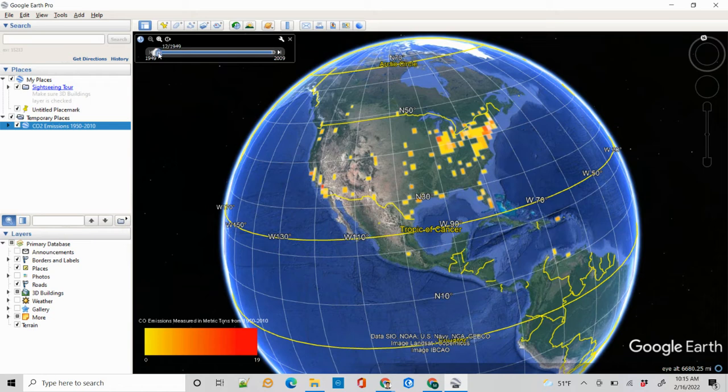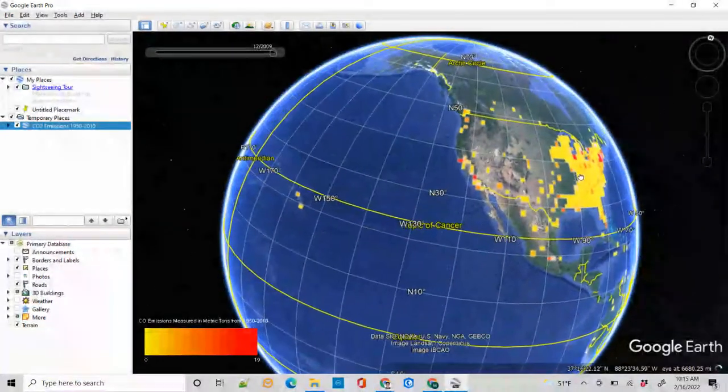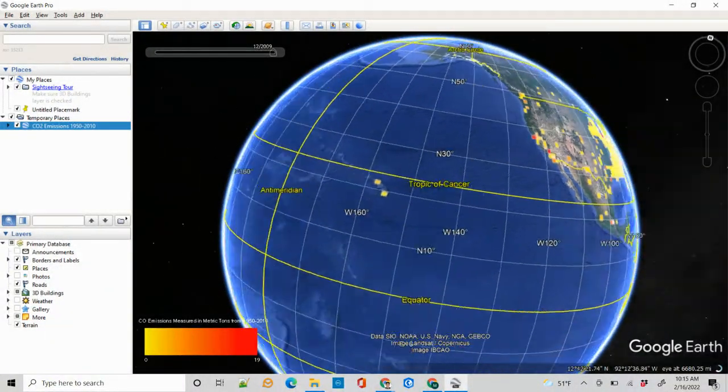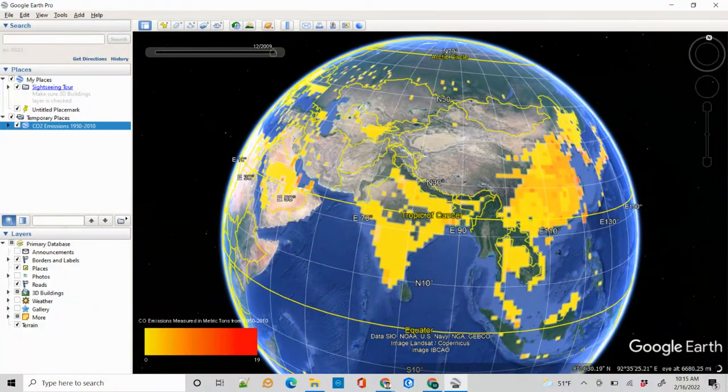And if you move the slider here, you see during 2009, the overall activity just in 2009, this is what the US did. And if you look at China, I guess you see the place that you saw in 1950 had no activities whatsoever.